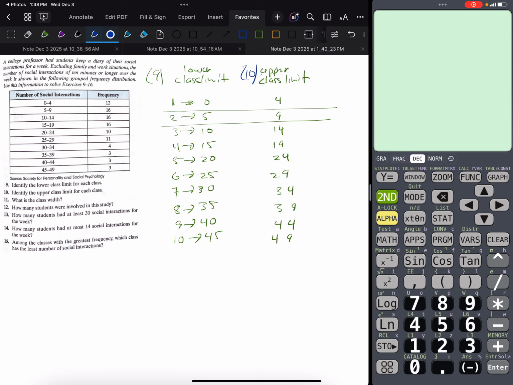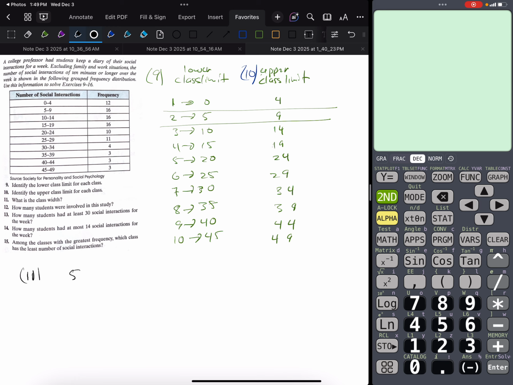And so the easier way to actually find it with math rather than counting on fingers and toes, because your class width could be significantly wider than would be easy to count, is you take any 2 consecutive lower limits and find the difference between them. So I'm looking at problem 11 here. What's the class width?